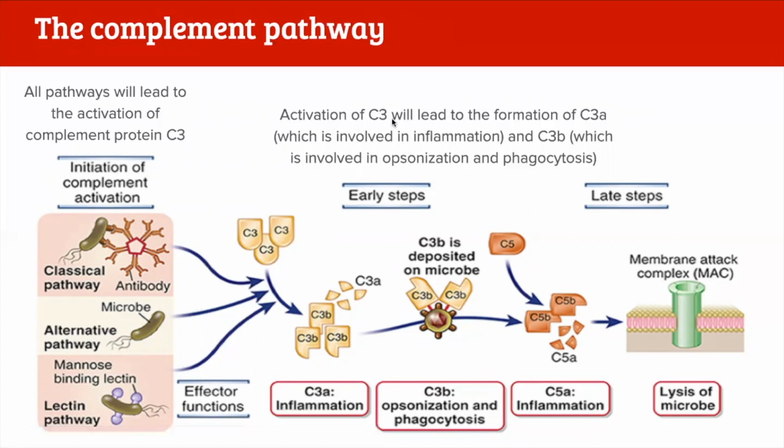Then the activation of C3 leads to the formation of C3a, which is involved in inflammation, and C3b, which is involved in opsonization and phagocytosis. See how it's broken down into C3b and C3a? And your later steps will be creating the membrane attack complex, which will lead to lysis of the microbe.